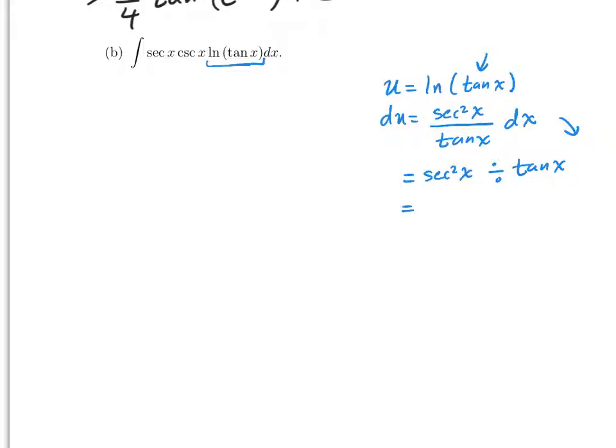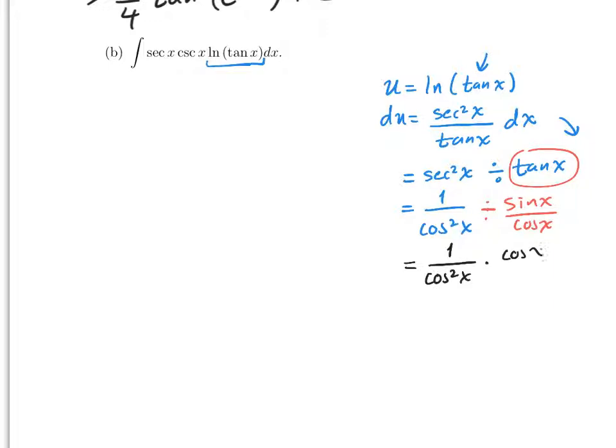Remember, secant squared is the same thing as 1 over cosine squared x, and tangent is sine x over cosine x. Remember that to divide fractions, you have to multiply by the reciprocal, so this is cosine squared x times cosine x over sine x.